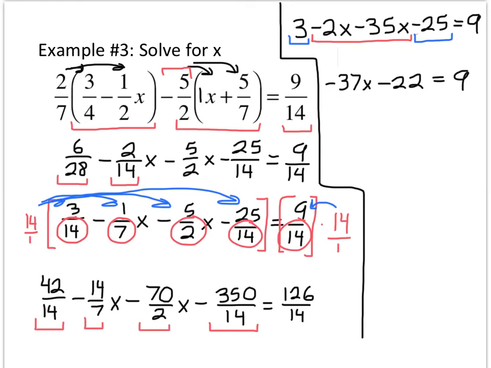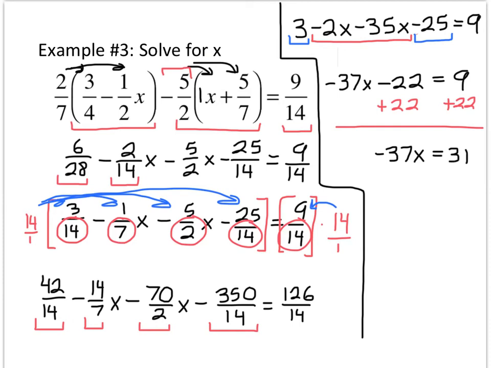So now I need to apply inverse operations. Reverse order of operations tells me that the subtraction of 22 is the first thing I have to deal with. So I'm going to add 22 to both sides. This is going to leave me with negative 37x equal to 9 plus 22, which is 31.